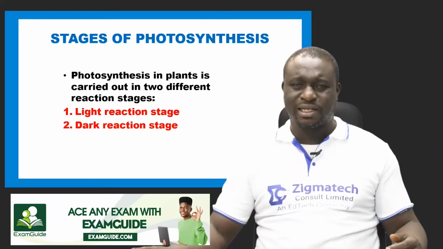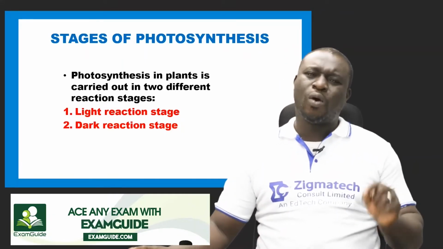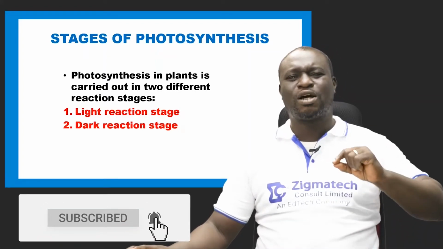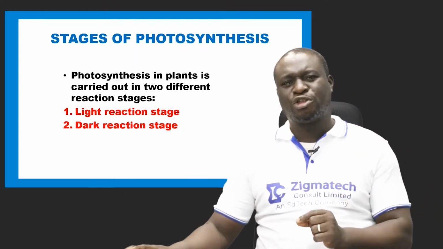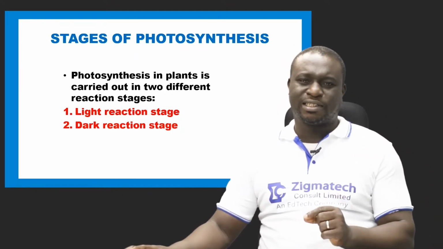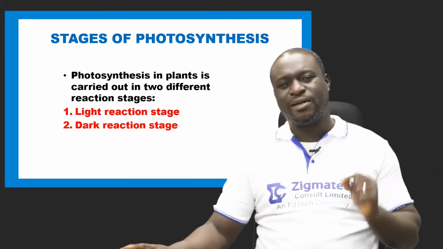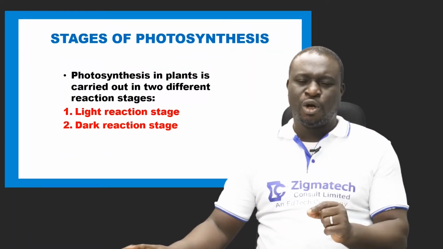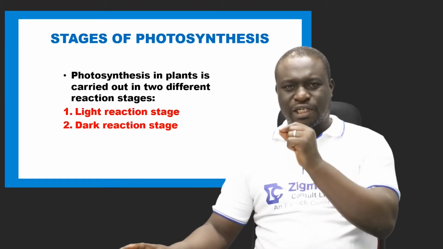Now, before I go into stages of photosynthesis, you might want to know some of the importance of photosynthesis. I'd like to give you two importance of photosynthesis. One importance is that it releases oxygen to the atmosphere. If you go back to the definition we had for photosynthesis, you will see a chemical equation in which one of the byproducts was oxygen gas.